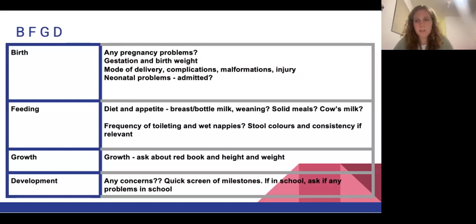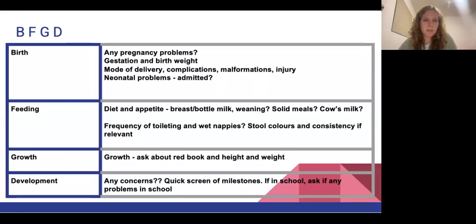Did they have any infections? Did they need any other treatment? And then what gestation and birth weight. And then also what kind of delivery was it? Was it a C-section, a vaginal delivery, or did any instruments need to be used?